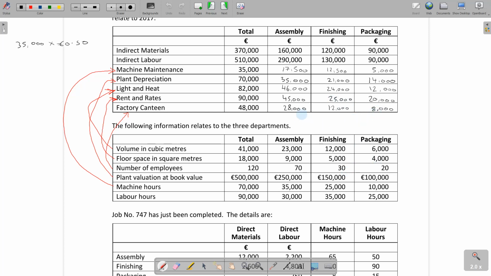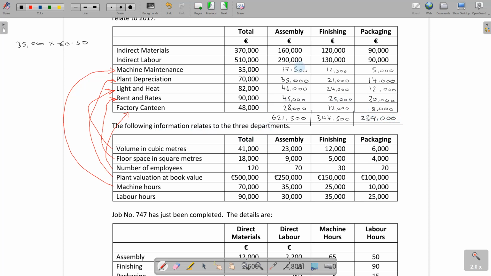So in total, the total overhead we have, let's say, for each of these, and we'll just finish this off there, is 621,500, 344,500, and 233,000 as well.